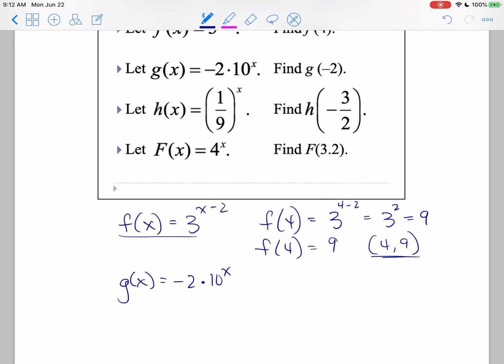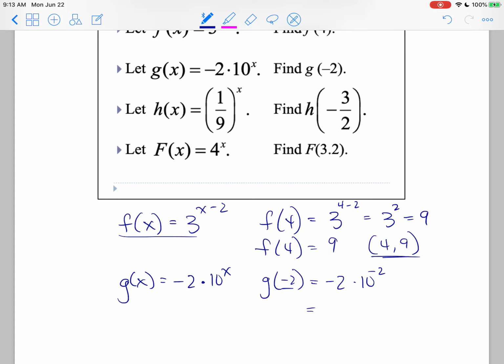So first we're going to raise 10 to the negative 2 power. I'm plugging negative 2 in where x was, because this is telling me to evaluate this at negative 2. Now, a negative exponent means that the base is in the wrong place. So right now the base is in the numerator, and so we want to take the reciprocal of that and put it in the denominator.